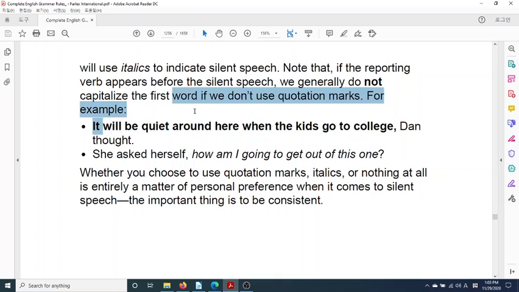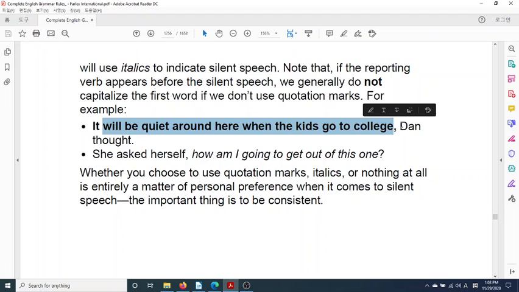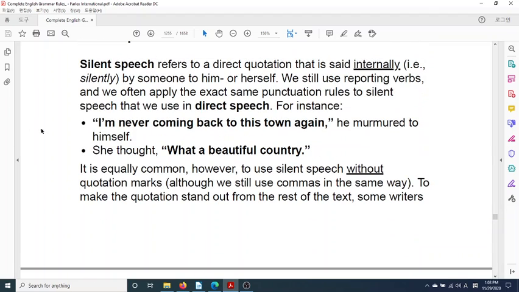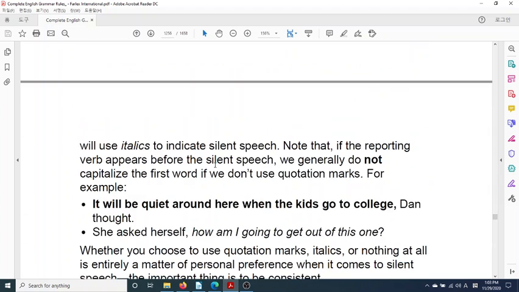It'll be quiet around here when the kids go to college, Dan thought. So here they made it bold, but here they made it italicized. She asked herself, how am I going to get out of this one? So technically, all three you can do when you're writing. It's up to you as a writer.